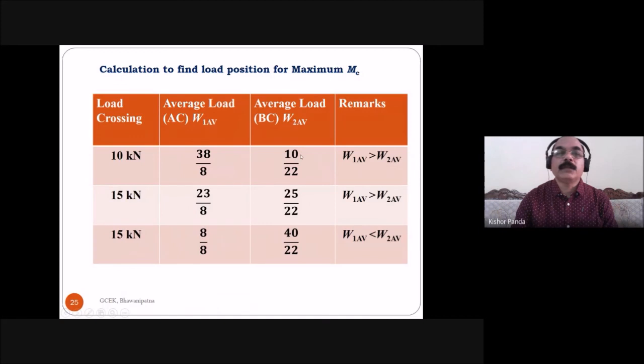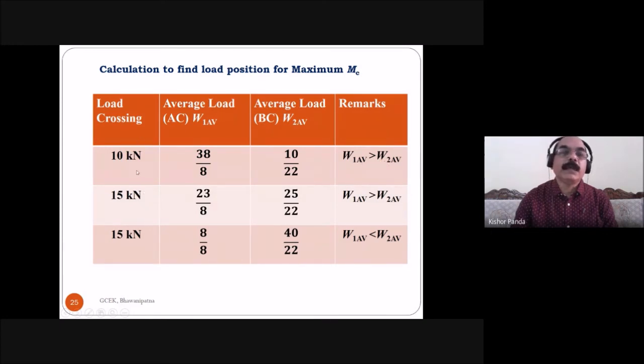So here you see, which side is your maximum? Take the average load for the AC portion as W1 AB, and the average load for the BC portion as W2 AB. Here you see this is greater than this one, so W1 AB is greater than W2 AB.